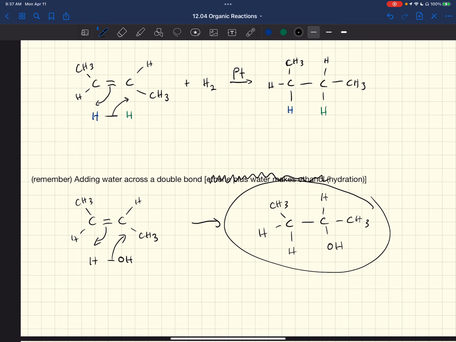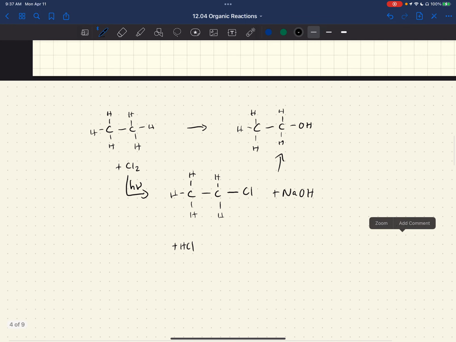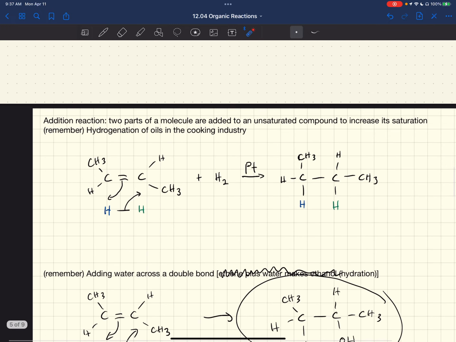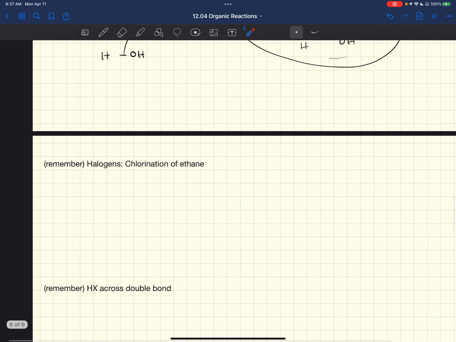We've added water across a double bond to give you an alcohol. So you'll notice that we made this alcohol up here. We could also do this by taking a double bond, if we had a way to make ethene, then we could make ethanol.